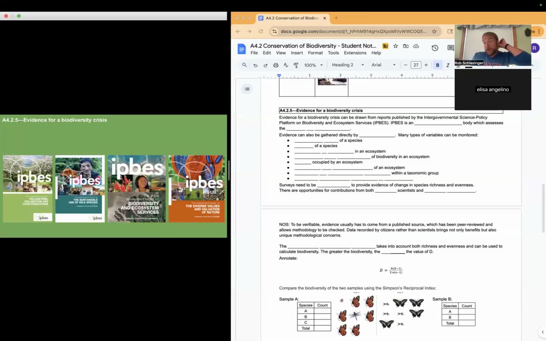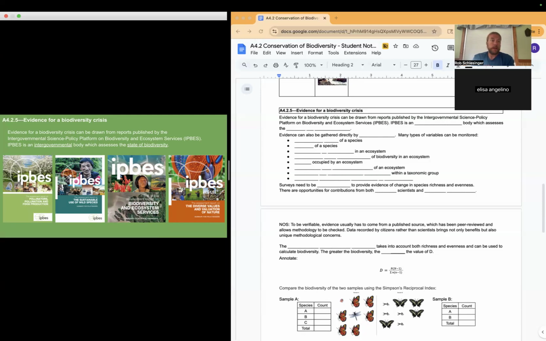And so how do we know that we're in the middle of the sixth mass extinction? Well, there's lots and lots of evidence. There's lots and lots of research. And there's lots and lots of nonprofit organizations, NGOs, that are helping to establish that this is indeed a crisis. These are some of the governmental or intergovernmental agencies that track biodiversity loss.